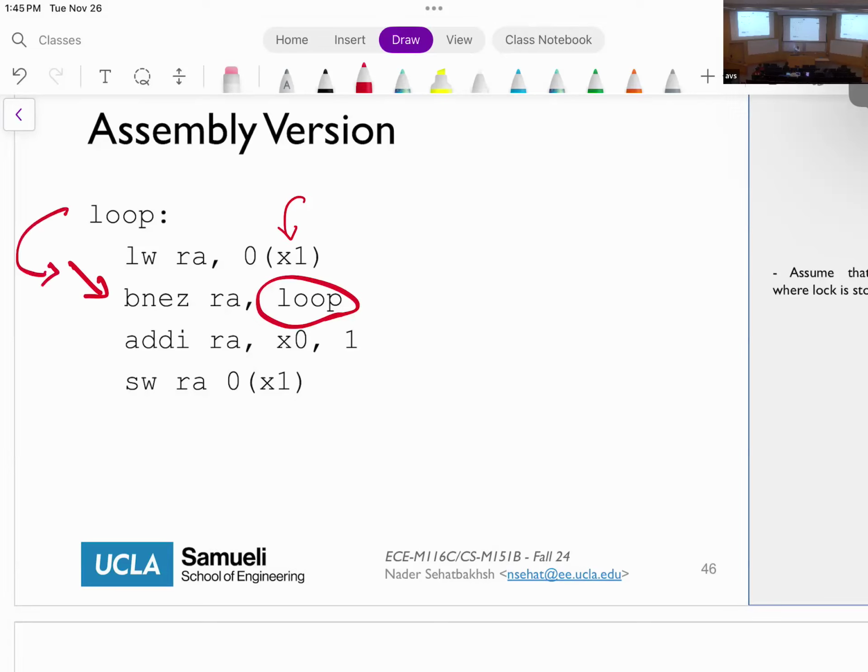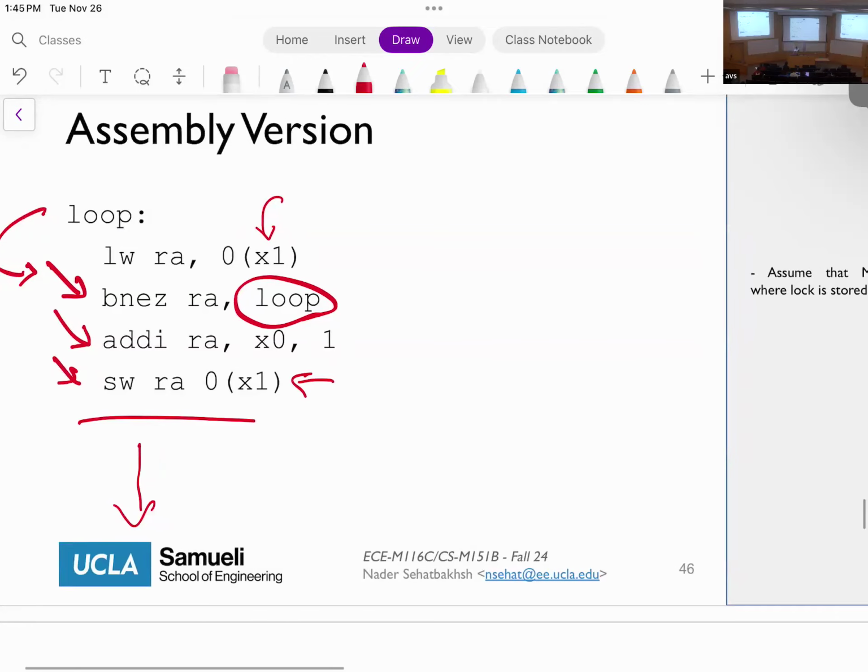If at this point the RA is now equal to 0, then you write 1 to it. So you add RA, x0 and 1. You store it to the lock address, and then at this point you can return from the program, right? So this is the assembly equivalent of that in RISC-V. Any questions here?